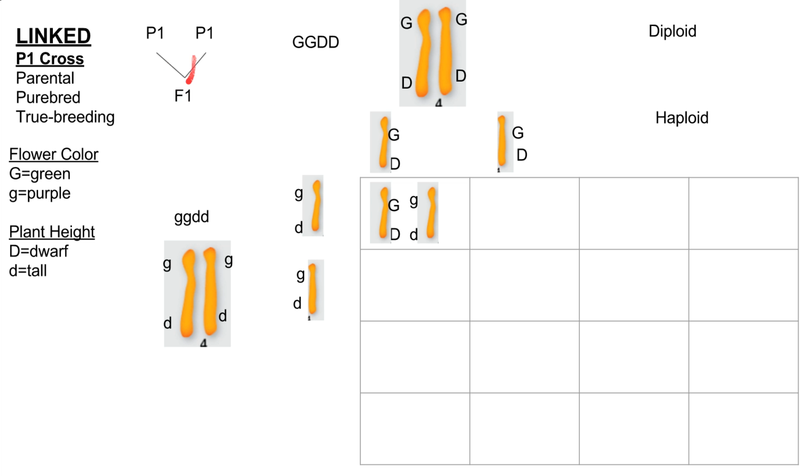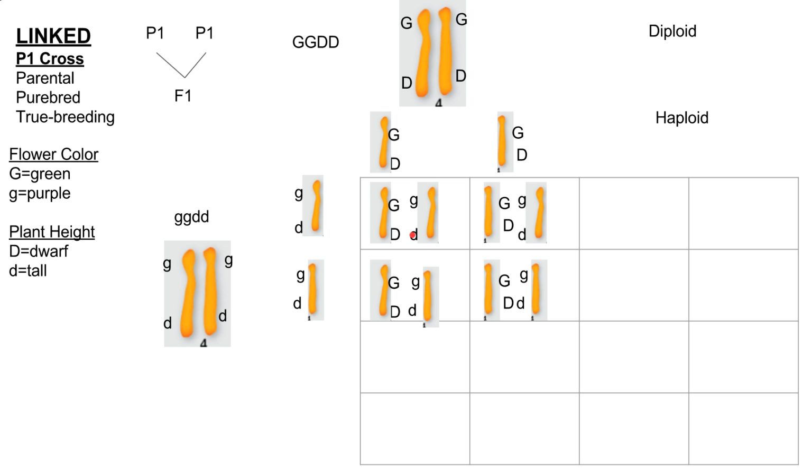You'd have that in that F1 generation right here. You'd have this fertilization here, and it would go back to diploid. Again, it's the same total number of chromosomes as the parents. Even though these are still linked on the same chromosome, you would still write out the genotype for this F1 generation as big G, big D, little d.